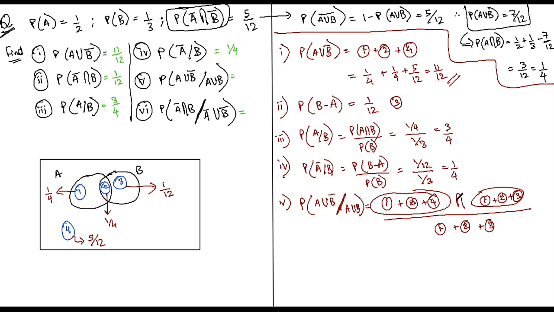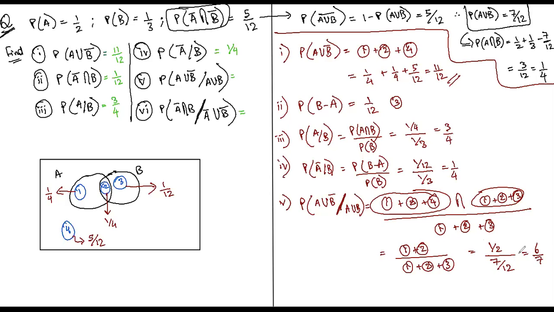So the answer will be region 1 plus 2 divided by region 1 plus region 2 plus region 3. Region 1 plus 2 is basically probability of A, which is half, and 1 plus 2 plus 3 is basically 7 by 12. So the answer will be 6 by 7.